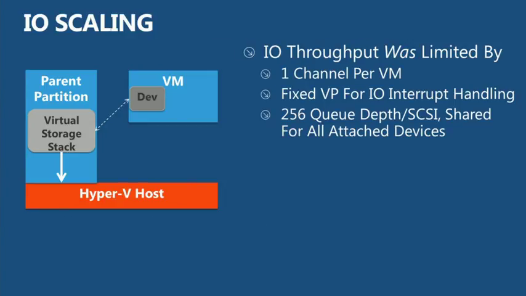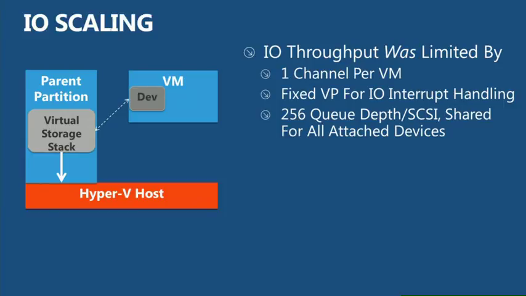Another key aspect was that VP0, the first VP, was the one targeted as the IO completion virtual processor for the interrupts. Again, maybe not a problem with 4 VP support, but when you scale up to 64 VPs, pegging one of those VPs just for IO completion turned out to be the bottleneck.